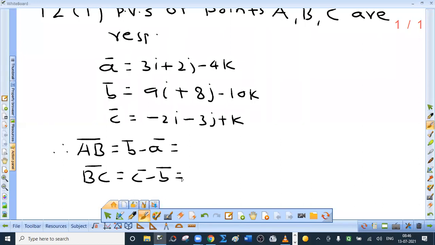So AB bar comes out to be 6i cap plus 6j cap plus 6k cap. Just check this. Okay. I can say this is number 1. What is BC bar? c bar minus b bar. So it is minus 11i cap minus 11j cap.